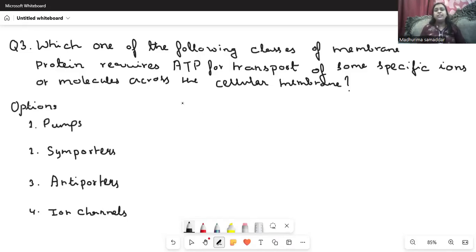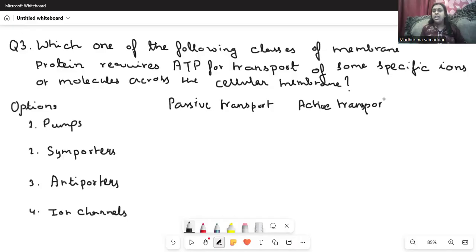So let us first understand what is passive transport and what is active transport. If this is clear, then answering this question becomes very easy.